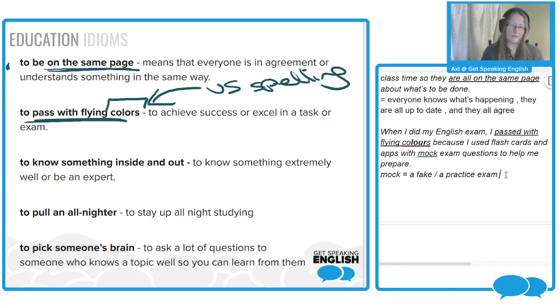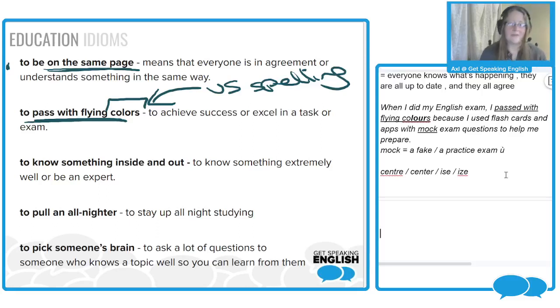So if you're writing in the British style of spelling, make sure that you're writing centre instead of center, things like that, and with an ISE instead of IZE, those sorts of things. So it doesn't matter which style you use on your writing part of the exam, just make sure that you're consistent with it, right? All right, perfect. So there you go.